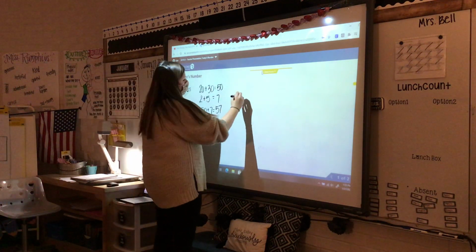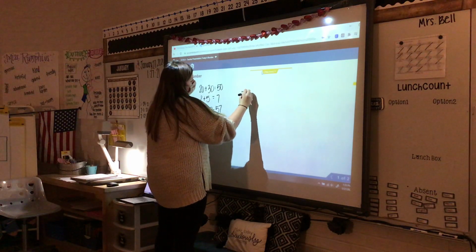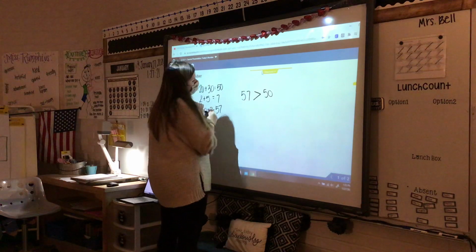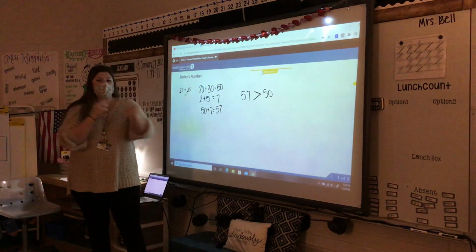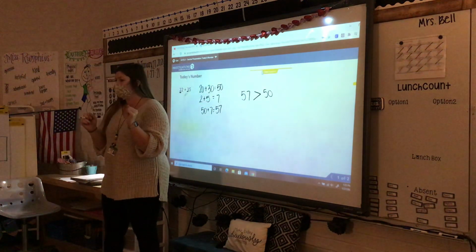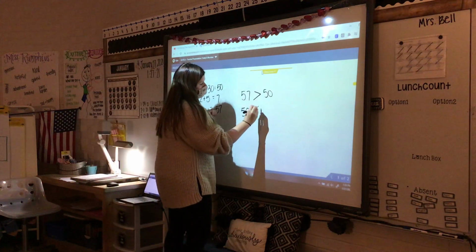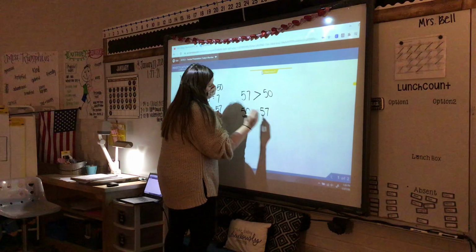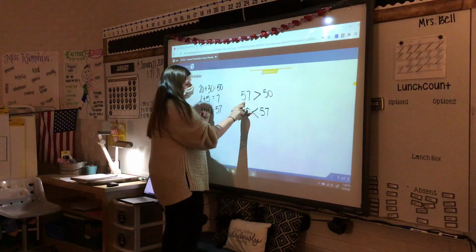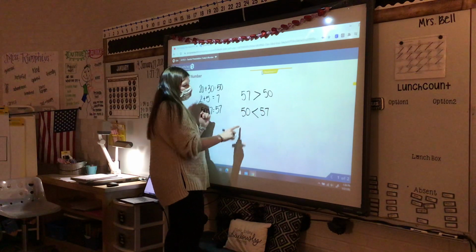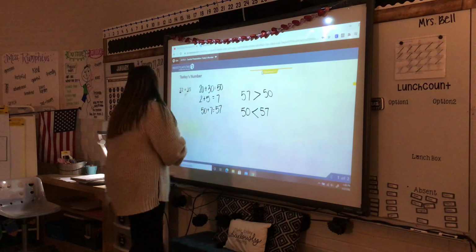So if I was trying to say 57 is greater than 50, I would want the little birdie on this side. What if I wanted to flop it and say 50 is less than 57? I would switch it and do it the other way, and the little birdie would still be right here. So 57 is greater than, that's what this sign is called, 50. And 50 is less than 57. Good.